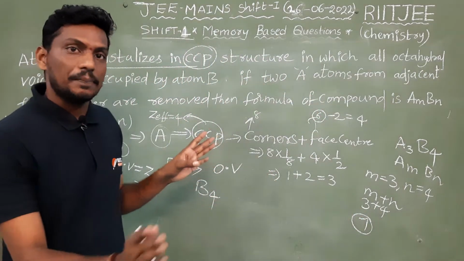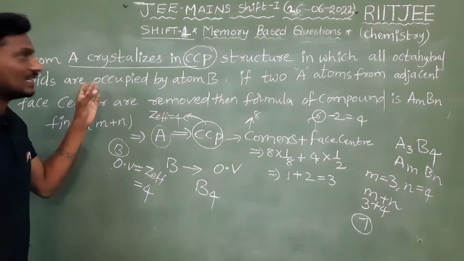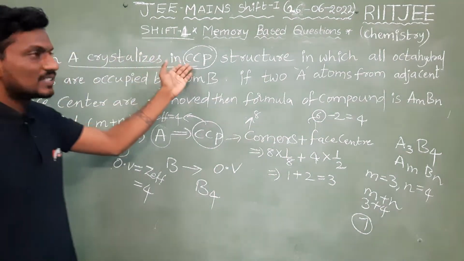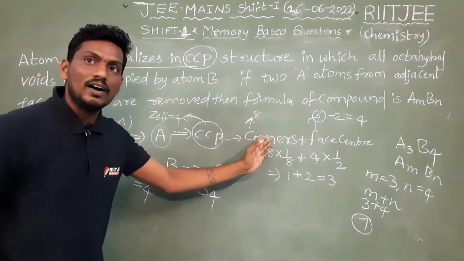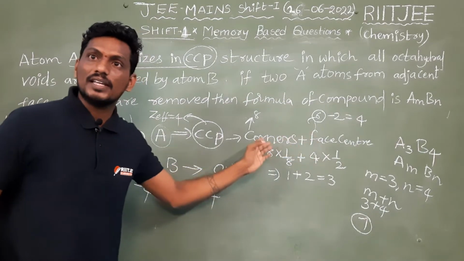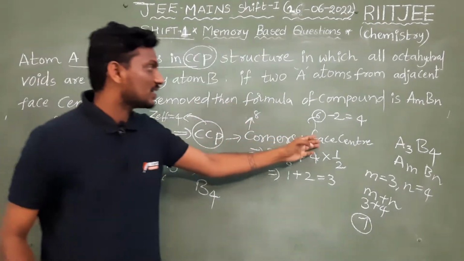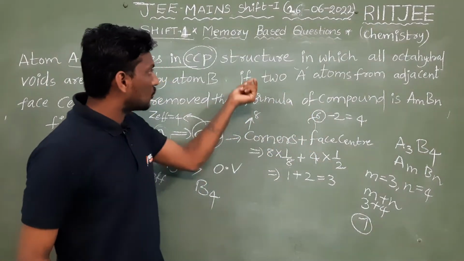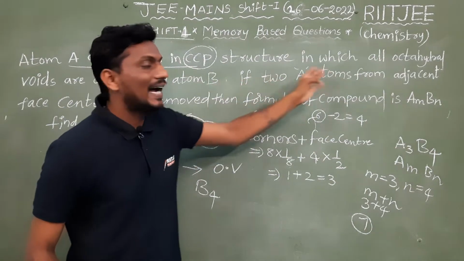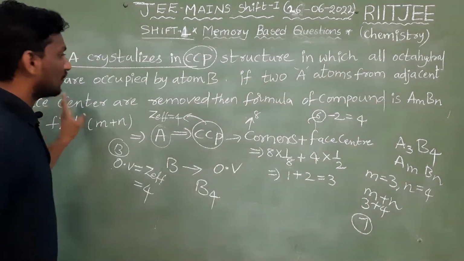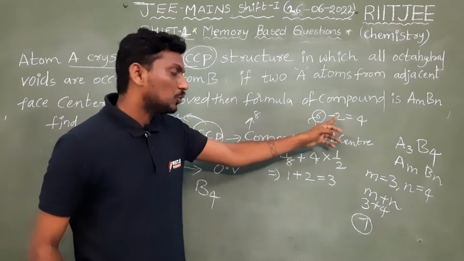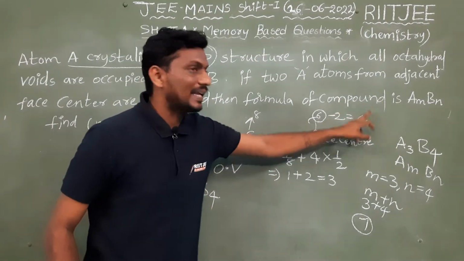So once again let us repeat here. Clearly they are telling A atom is present in CCP. CCP means corners plus face centers. How many corners? 8 corners. How many face centers do we have? 6. But the question is mentioning that 2 A atoms are removed from adjacent face centers. Out of 6, 2 atoms are removed, so the remaining will be 4.